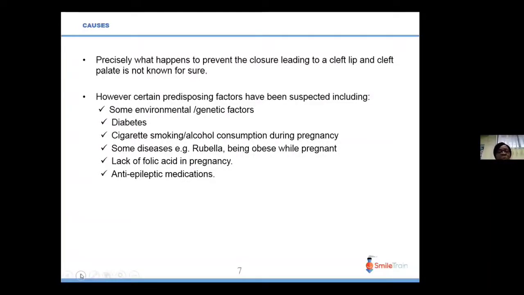Predisposing factors could come from environmental or genetic factors. With genetic factors, sometimes it runs from generation to generation.